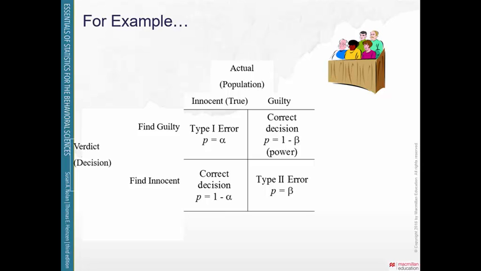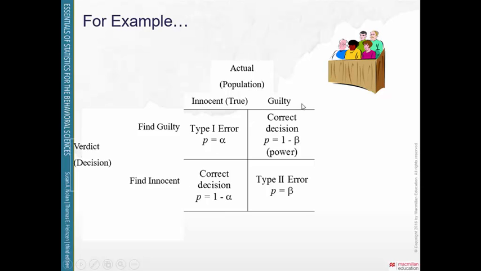in our experiment or in our statistical findings where we say, yep, our independent variable has an effect when in fact it doesn't. The other type of error we can make, type 2 error here, this is if based on the evidence presented in court, we, as the jury, find the person innocent and let him go, when in fact he was guilty.